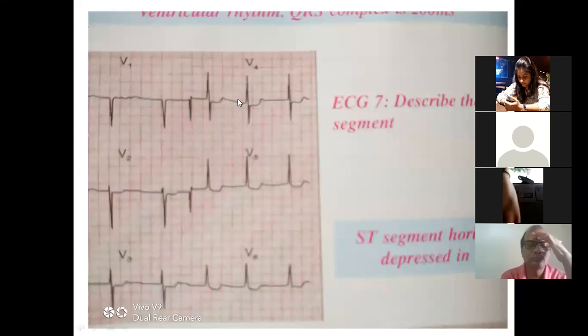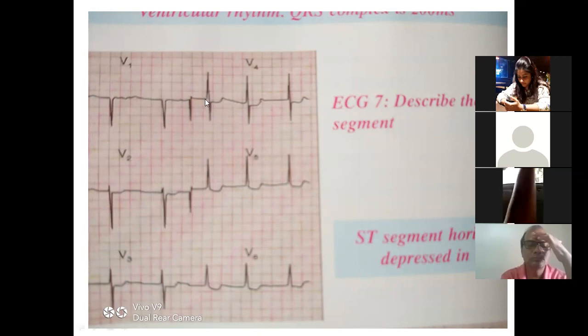Yes, an absence of P wave. What does absence of P wave tell you? No sinus rhythm. The SA node isn't generating. Either it could be atrial fibrillation or atrial flutter, or it could be junctional rhythm.